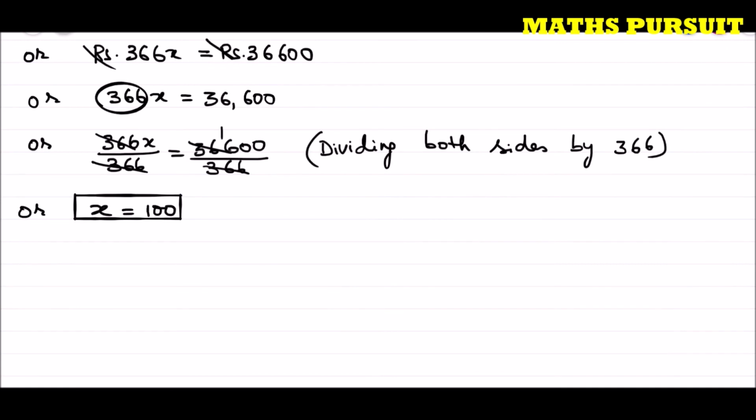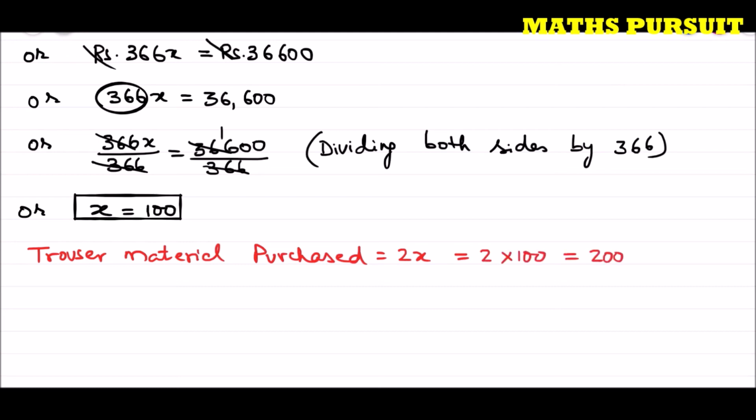Therefore we can write trouser material purchased is equal to 2x meters, that is equal to 2 into 100, that is equal to 200 meters.